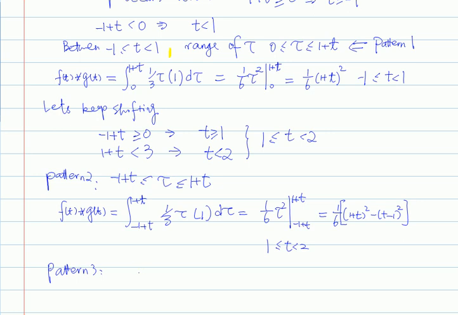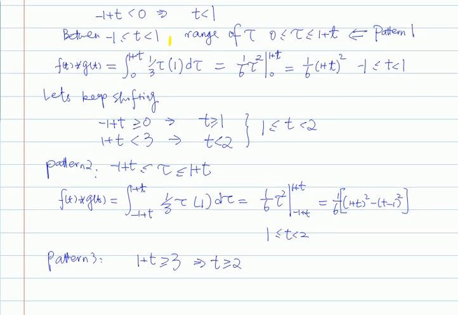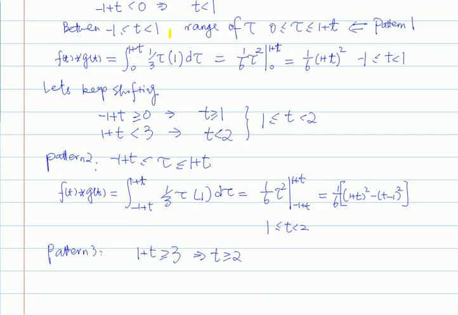Okay, so first of all, the edge 1 plus t is on the right side of 3, so that means this guy is greater than 3. When it's greater than 3, I get t is greater than 2. You see, it's a perfect continuation from the previous range of t.